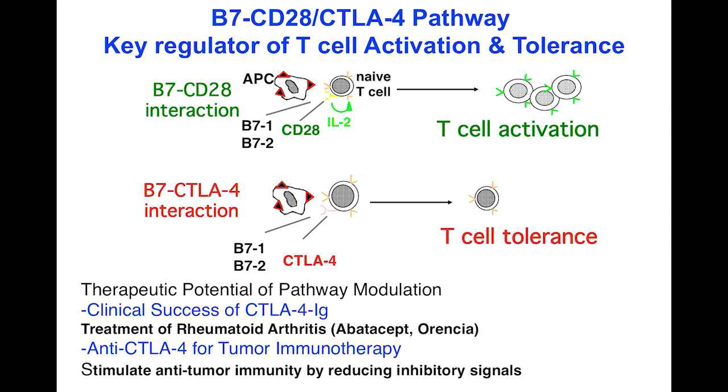B7 CTLA-4 interactions are critical for inhibiting immune responses and are key mediators of T cell tolerance. And blockade of this pathway, of course, is critical for stimulating anti-tumor immunity by reducing inhibitory signals.